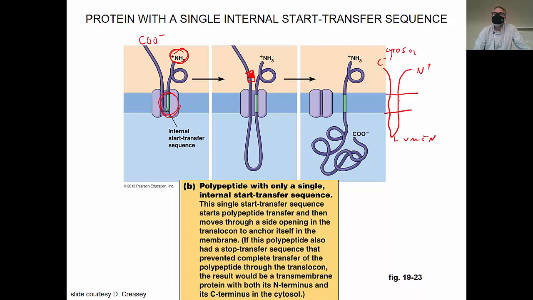Here would have been our start transfer, and this would be our stop. So by combining starts and stops, you can build a multi-pass protein. Okay? People clear on that? It's a little bit tricky, but not too bad.